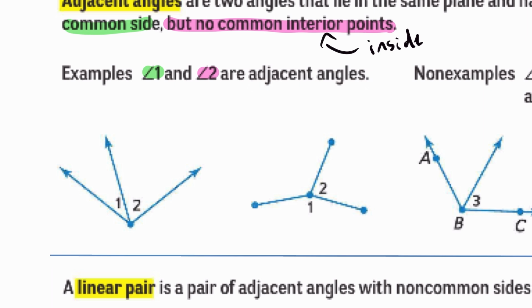This is angle 1, and this is angle 2. We can see that angle 1 and angle 2 share this common point here. That's our endpoint. That's our vertex. And angle 1 and angle 2 share a common side.